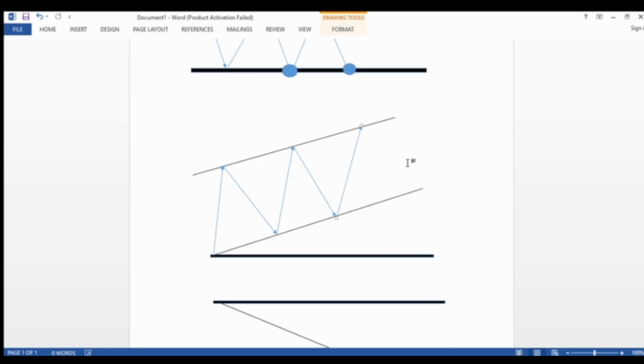So what do we mean by that? What we mean is that our buys are impulsive movements, and our sells are retracement movements, or you can also call them corrections.